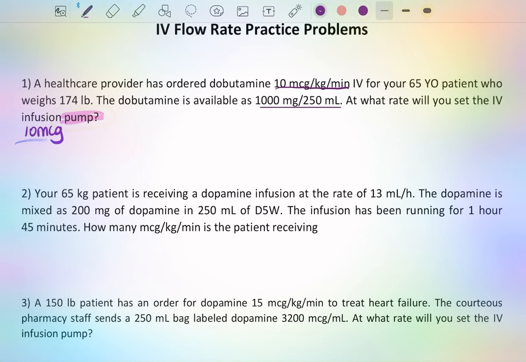So we go ahead and we set down our math. We're going to take out all the numbers that we need to use, and then we're going to adjust them accordingly. So we're going to say 10 microgram per kilogram per minute is needed, and the patient weight, which is 174 pounds, we put that over 1 for now. And then we multiply that by 1,000 milligram over 250 milliliter.